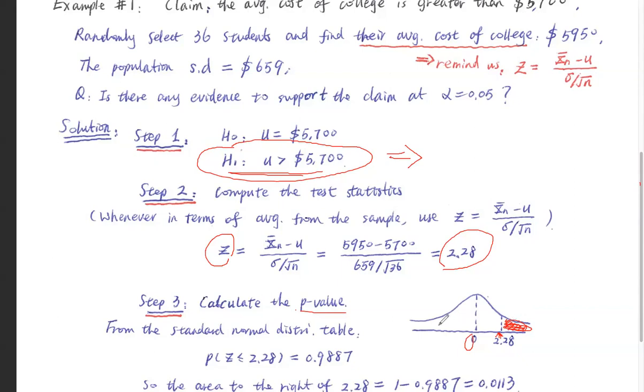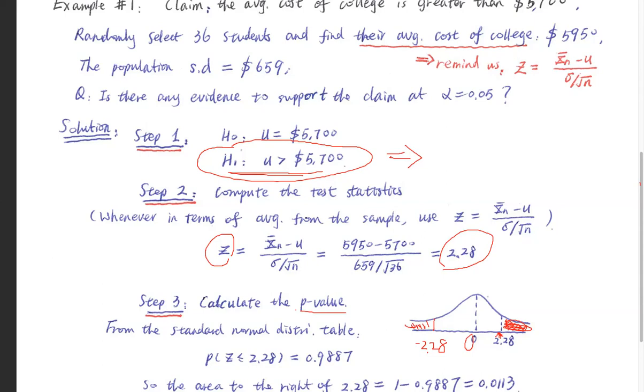The lazy way is using the corresponding negative 2.28, because we know this area is the same as this area. So we can read this area directly from the Z table.